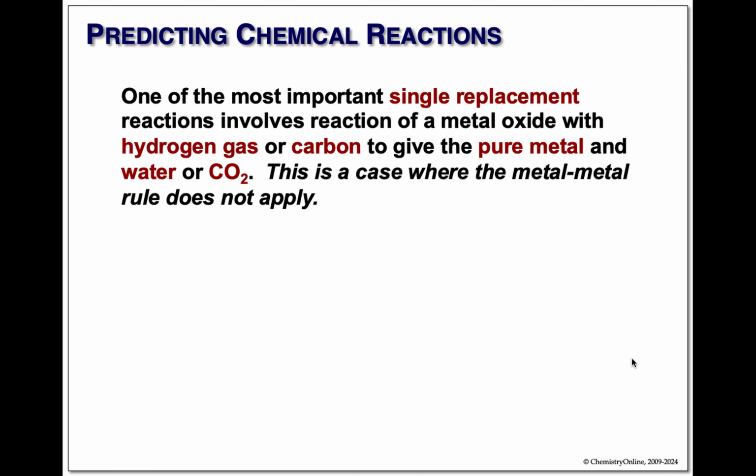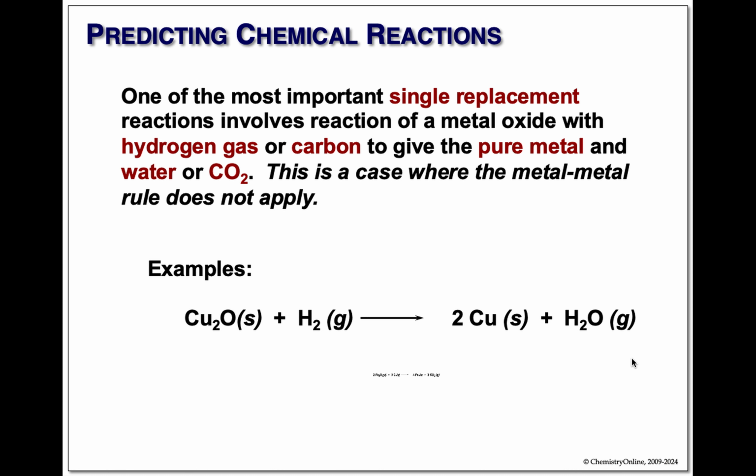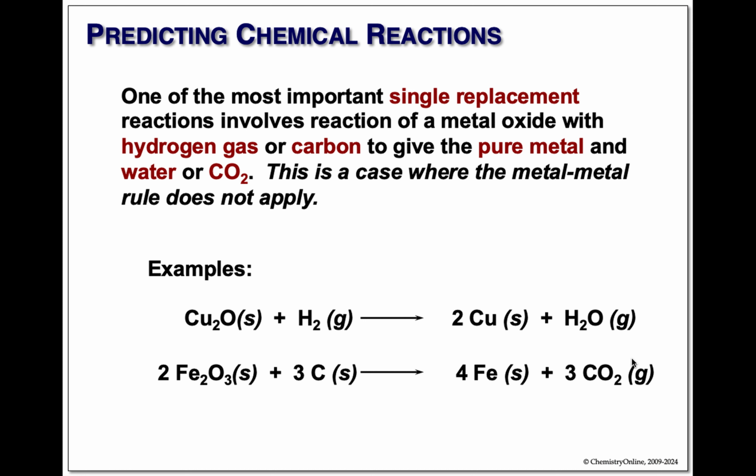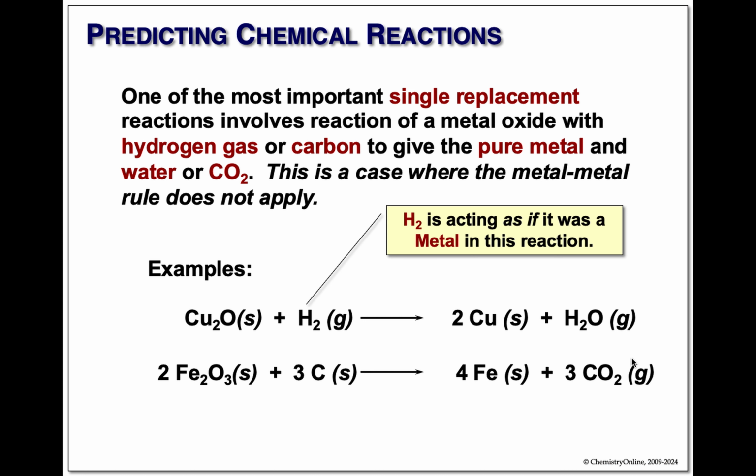The first one, if you take copper 1 oxide, expose it to hydrogen gas, you get copper. We have an element and a compound, we're getting an element and a compound, but hydrogen is pretending it's a metal. It's not. But it can pretend, can't it? This is how you make copper.